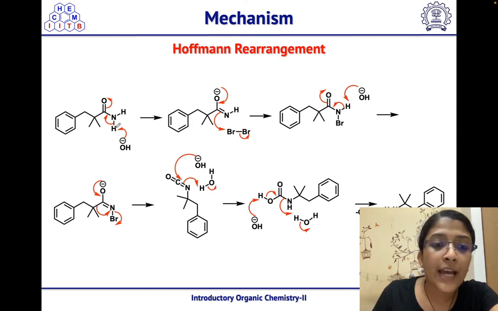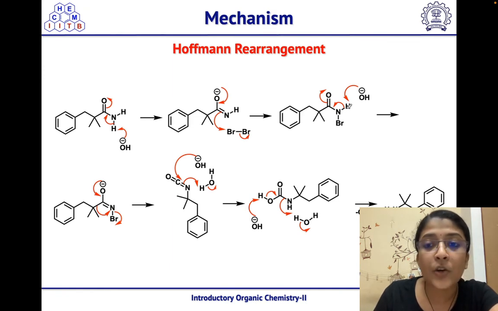Here we have the amide and we are treating it with NaOH, which is a base. The amide proton will be abstracted by the base, it will shift in this direction and we will get O minus, similar to an enolate. Then once the lone pair of oxygen falls down, the nitrogen will attack the bromine, bromide will be eliminated and we will get a bromamide system.